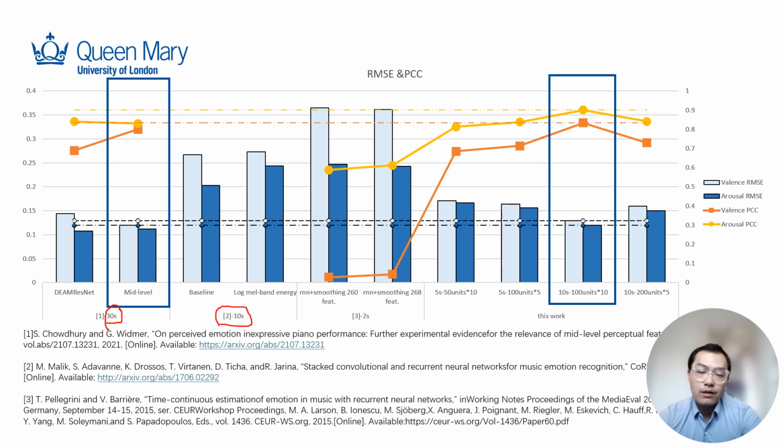As to the PCC part, as you can see in the table, our model gets the best PCC, better than any other existing work. So our model is basically working better than any existing models, especially in the PCC part, which is important for our application.